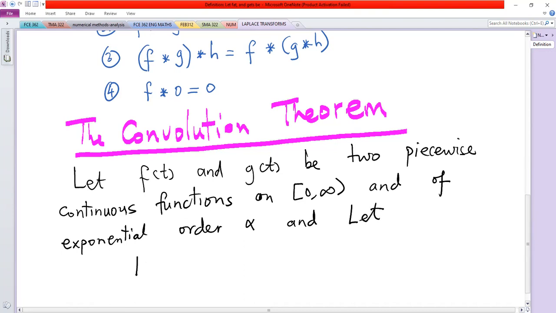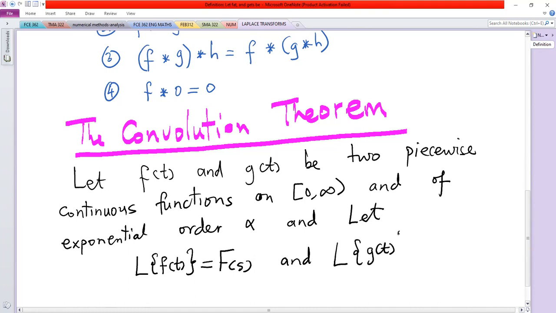And let the Laplace transform of the function f of t be given by capital F of s, and the Laplace transform of the function g of t be given by capital G of s.